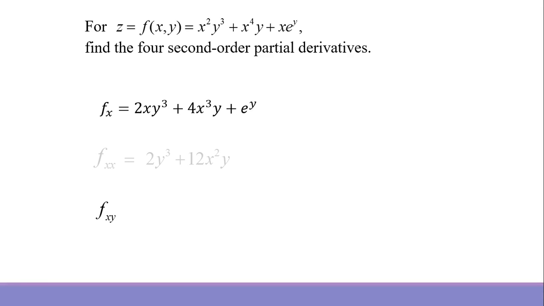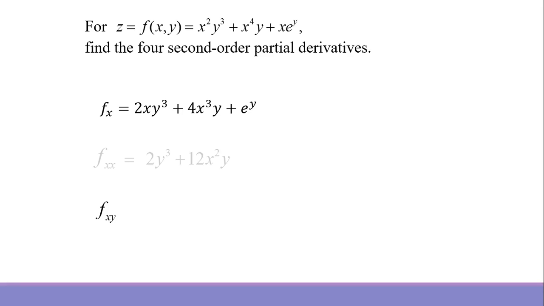Now we'll still look back at our first partial derivative, f sub x, to get the second partial derivative, f sub xy. Now we're going to consider y to be our variable and x to be our constant.